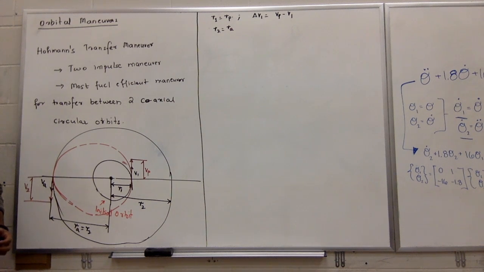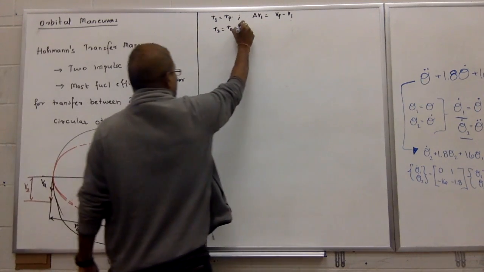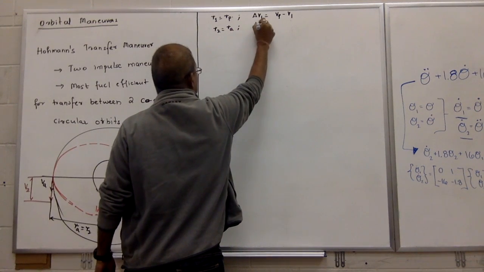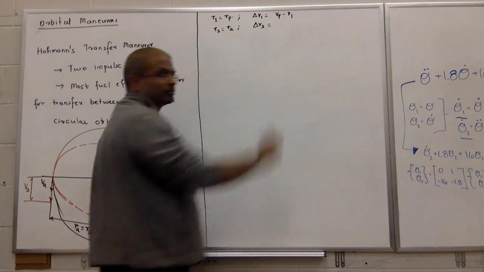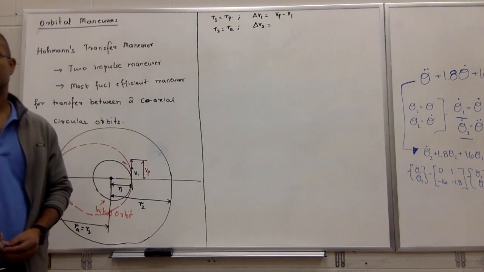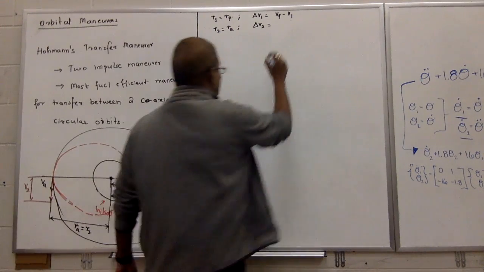Do you see that? So when I increase this, what is delta V2 now? V3 minus V2.